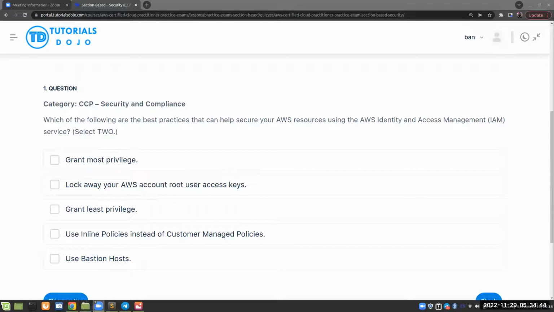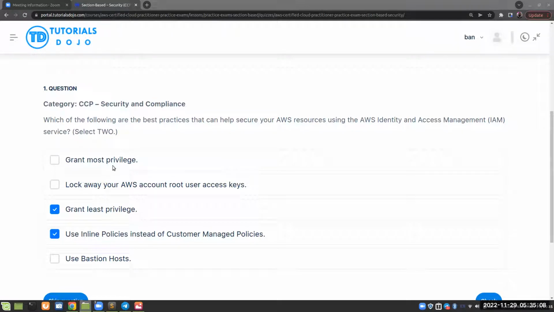Now if you look at the different options, you go for least privilege and this. Anyone has a different view? Is there anyone who thinks it may be different? Just checking with the rest. Okay, no one has a different view.